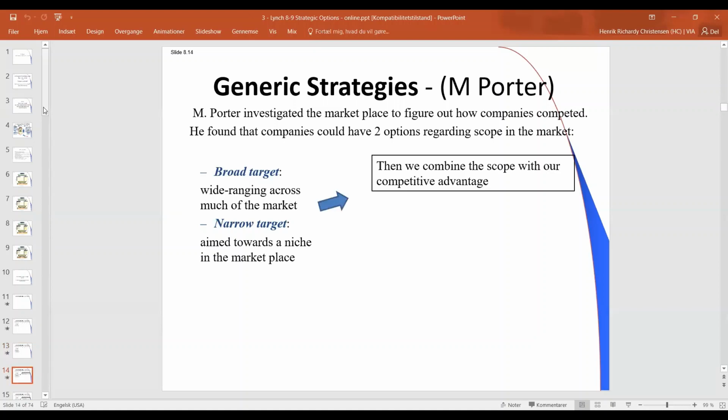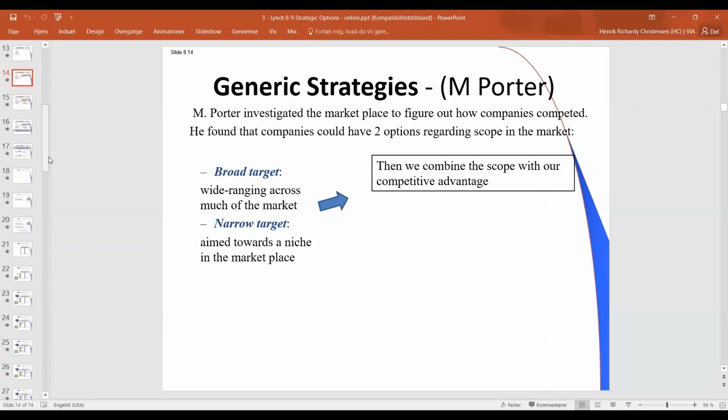So the next part is that when he wanted to understand what companies do when they have a broad target, he said, okay, we need to figure out how it is that they are competing. If we have a company with a very broad target, let's take an example. It could be, again, Vestas.